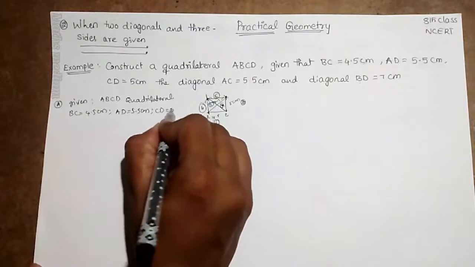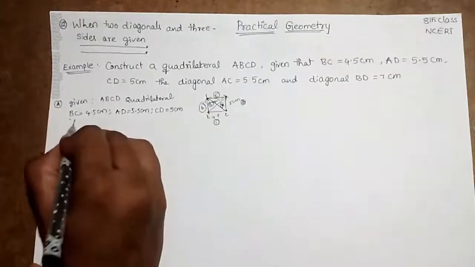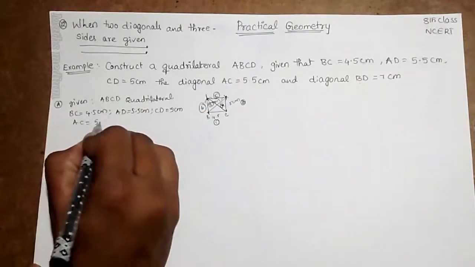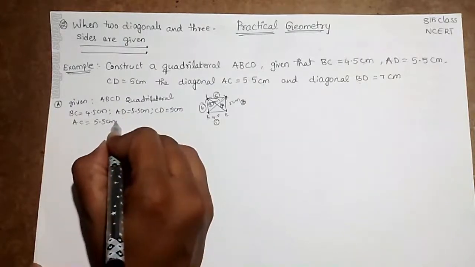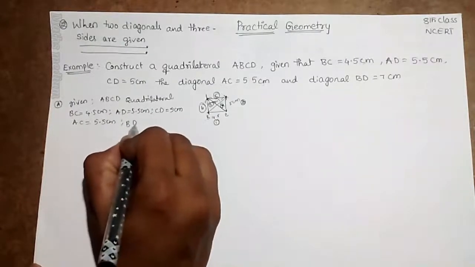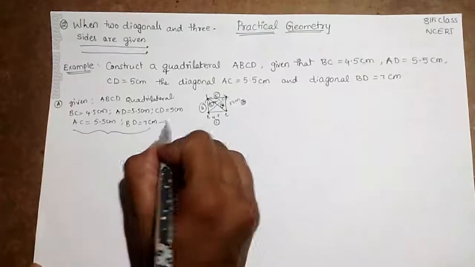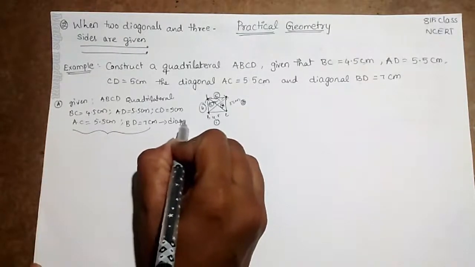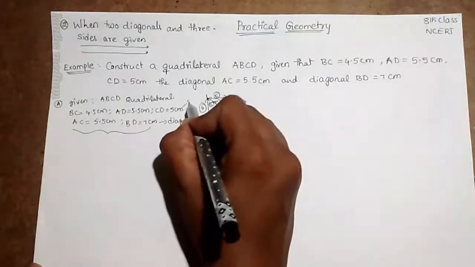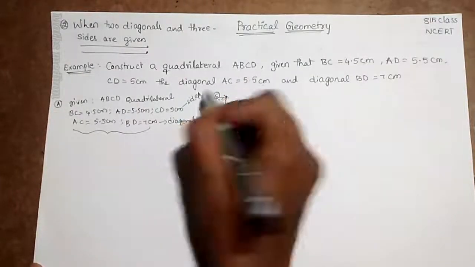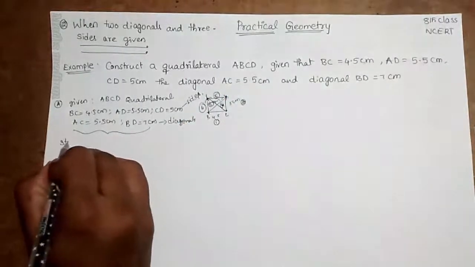CD is equal to 5 centimeters. AC is equal to 5.5 centimeters and BD is equal to 7 centimeters. These two are diagonals and this is a side. Okay, next step 1.